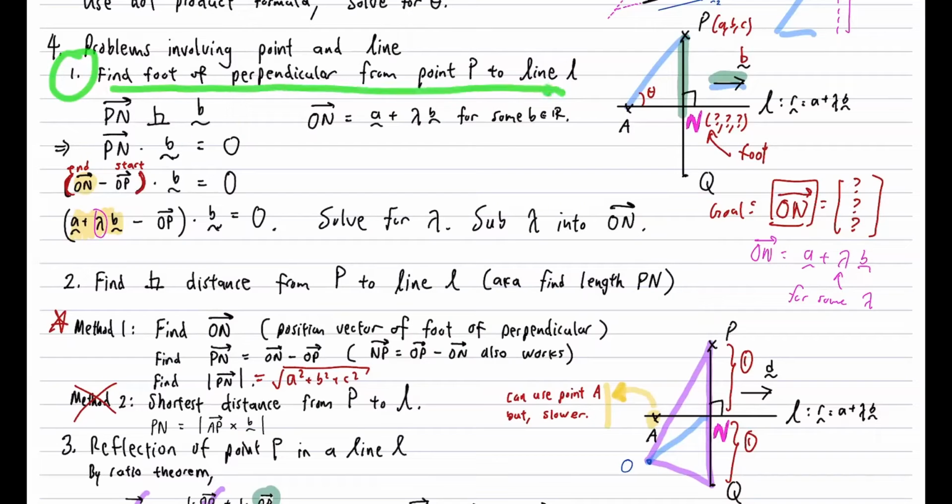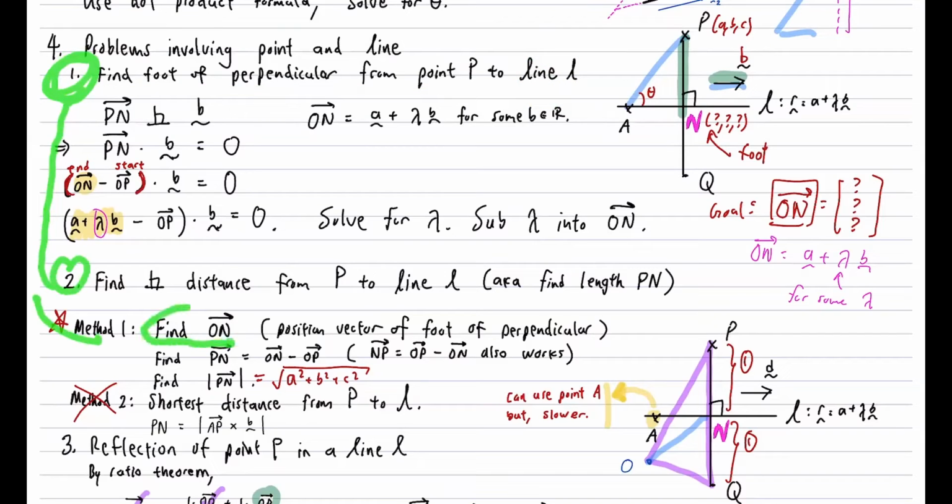It's a similar idea when you go from a point to a plane. Later we change this to plane, next lesson. It's the same idea. There's synergy in the ideas. You see, in method number 1 of my point number 2, what's the first step? Find vector ON. How do you find vector ON? Right here. Synergy.